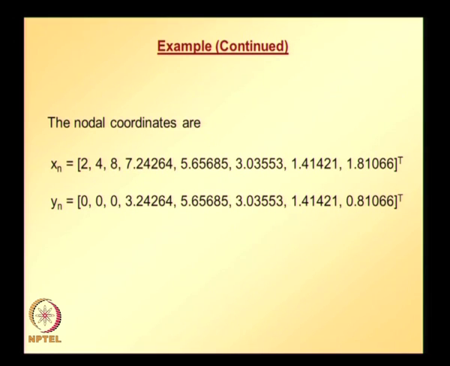So, the same steps which we followed for the 4 node element, except that now we need to take shape functions of the 8 node parent element before we proceed with writing isoparametric mapping expressions.